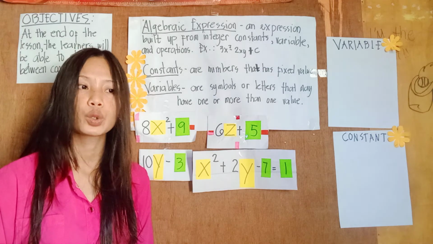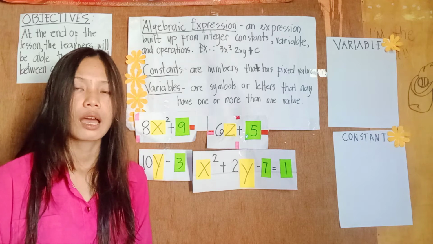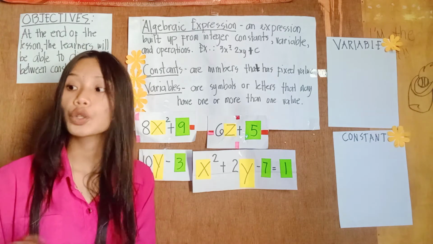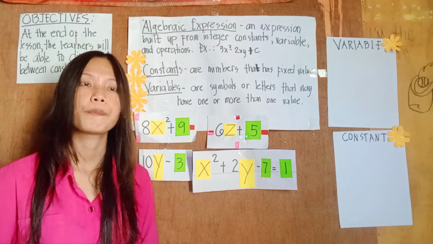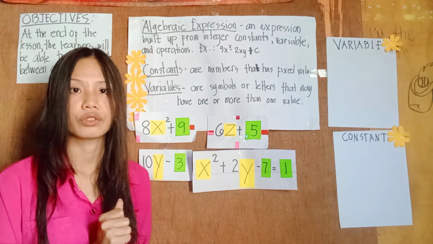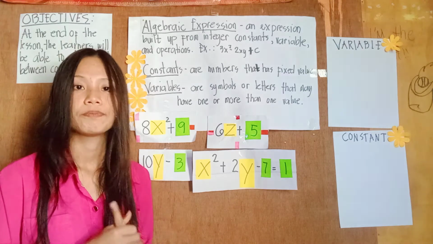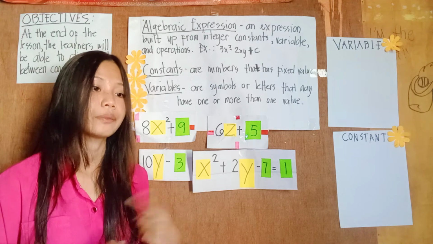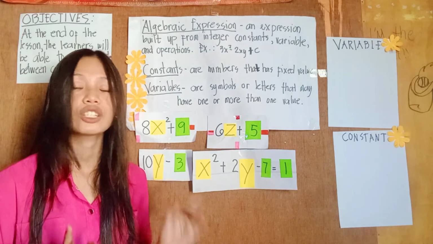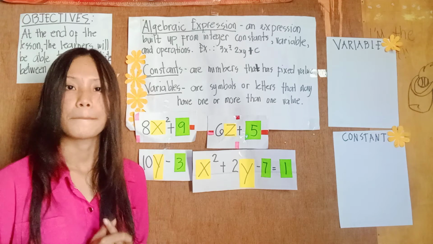Okay, the first group is the last group last week, and the second group is your group last week. Okay, so first choose one representative. Choose one representative each group, and then that representative is the one who will answer my question.